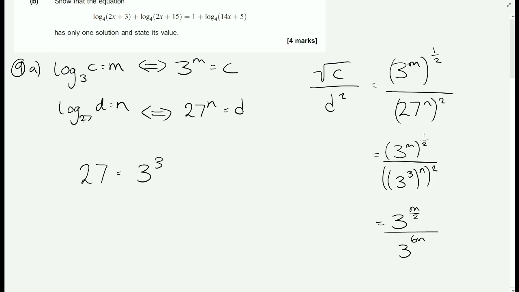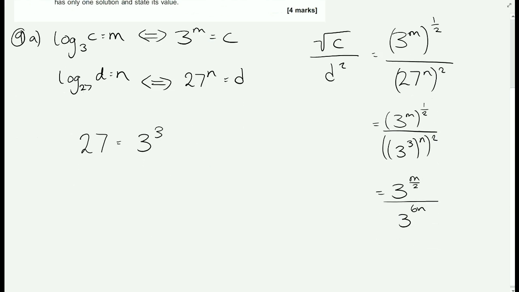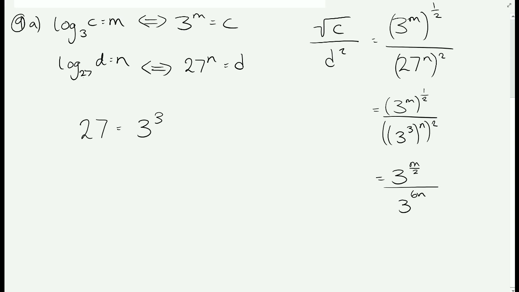Okay. Now, the other rule from GCSE that we need to remember for this is when we have two indices divided by each other, so a to the m divided by a to the n equals a to the m minus n. Okay, looks like that's a power. Let's just bring that down there.